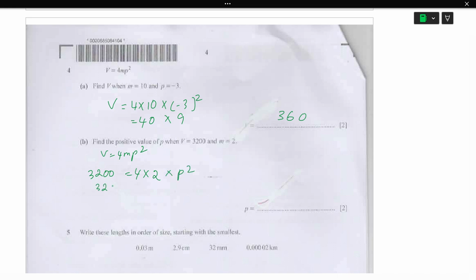So 3200 equals 8 times p squared, which is 3200 over 8 equals p squared. So p squared equals 400, p equals plus or minus the square root of 400. So p equals plus or minus 20. Okay, so the answer is plus or minus 20.